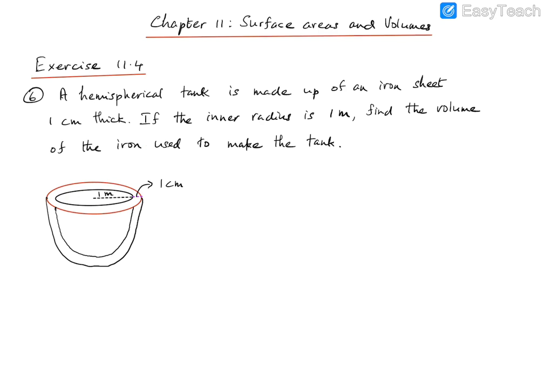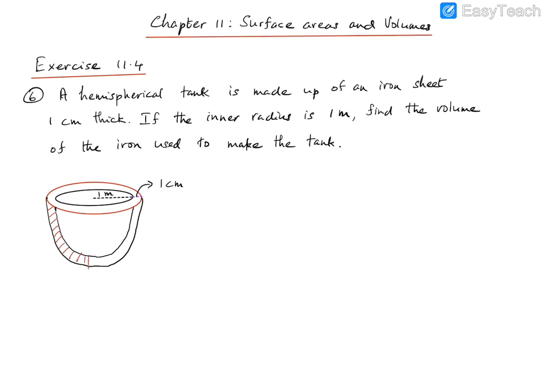So what is given to us and what is it that we have to find here? We are given that the inner radius of this hemispherical tank is 1 meter. The thickness of the iron sheet used is 1 centimeter. And we are asked to find the volume of the iron used, which is nothing but the volume of the material which is between the inner surface and the outer surface.